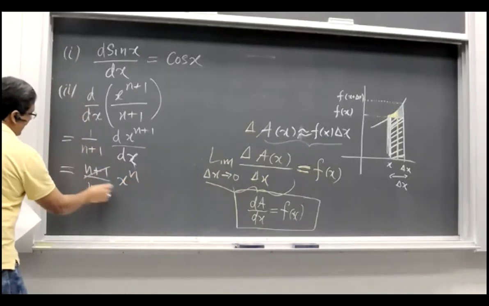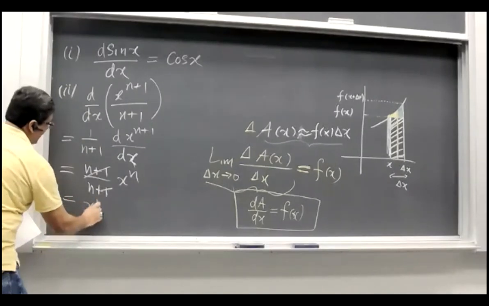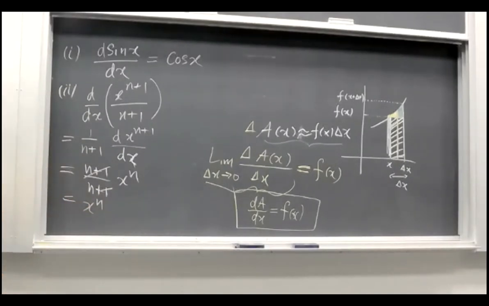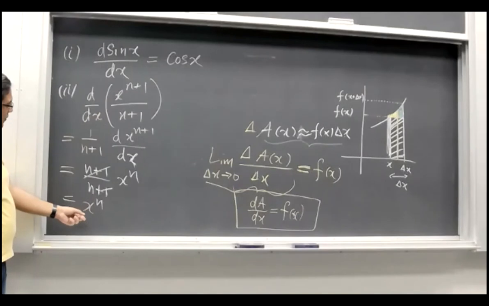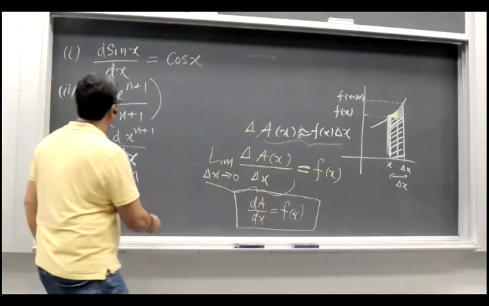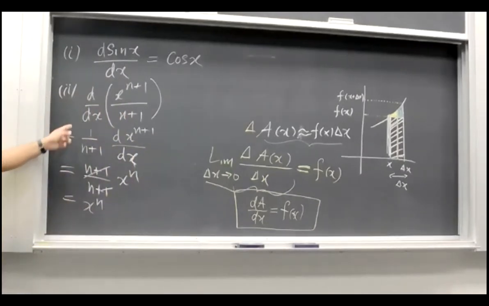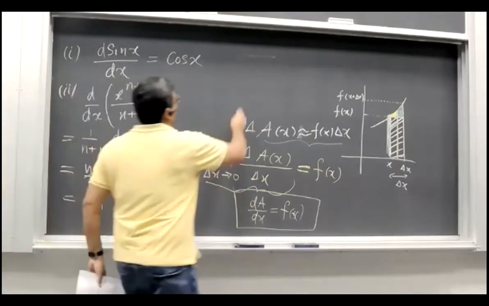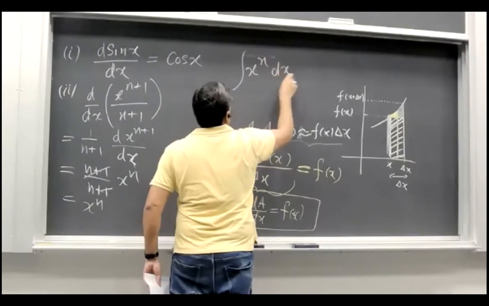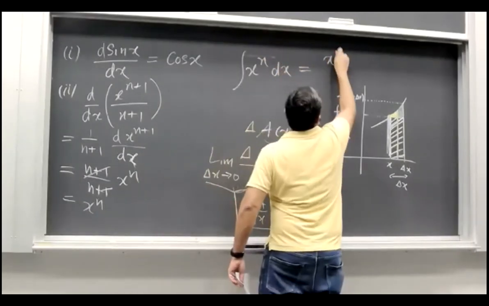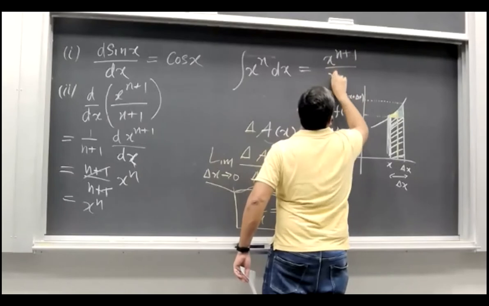Okay, and then this cancels, and this gives you x to the n. So the only rule of integration that I know is that if you differentiate an integral, it gives you the original function. So now you can reverse this rule. You can take x to the n and say, because we have just shown that x to the n is the derivative of this function, now we can say the integral of x to the n is x to the n plus 1 over n plus 1.